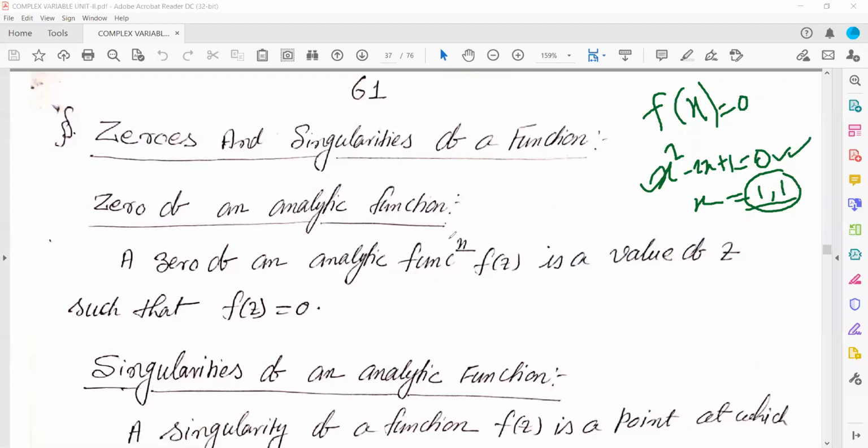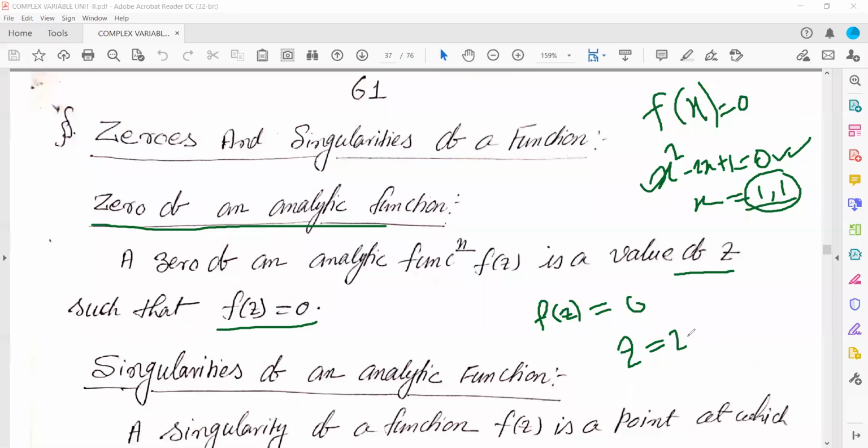The same concept will apply here also. So obviously you know what is an analytic function. The zeros of an analytic function f(z) are the values of the complex variable z such that f(z) equals 0. That means if you have a complex function f(z) given, you solve the equation and suppose you find z equal to z1, z2, whatever.